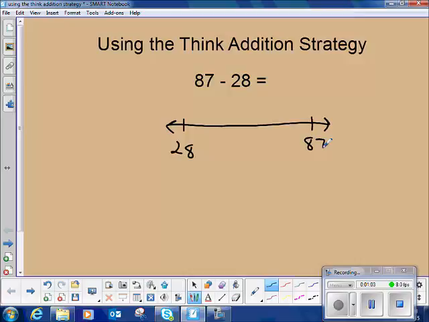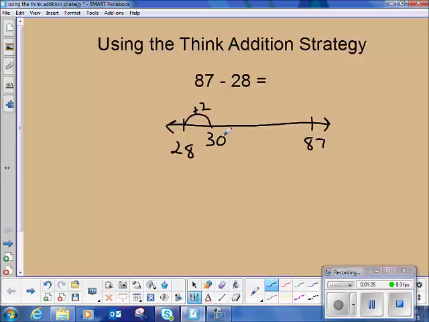When we use the think addition strategy, a lot of times we also incorporate other strategies like the make 10. Because now I'm at 28, I know I want to get to 87. I know if I add 2 to my 28, that will get me to the nice friendly number of 30, or 10. So I've made a 10.